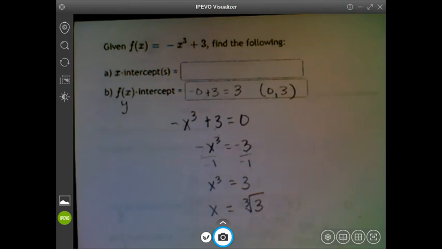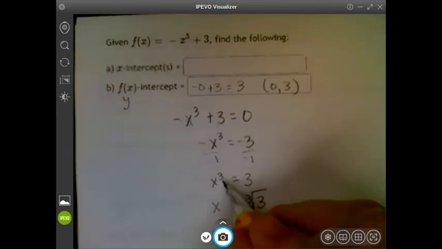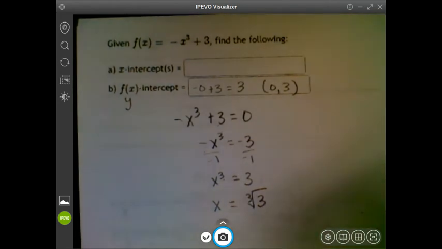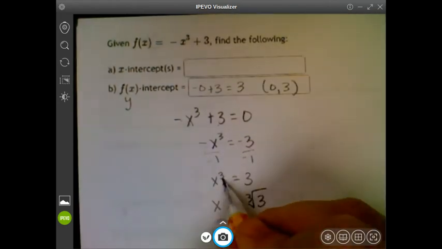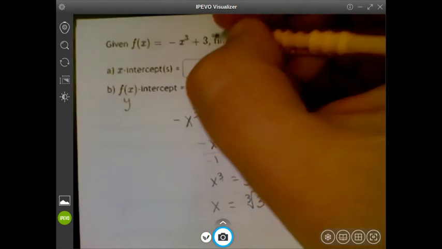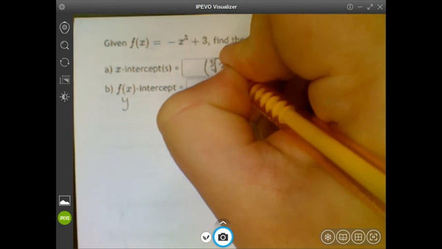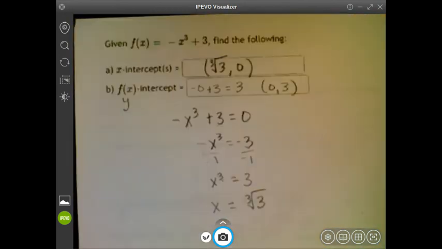And you don't have to put the decimal on there because that would just be rounding. So just leave it as the cube root of 3. Also, you don't need plus or minus because this was a cube, which was odd, and not a square root or a fourth root, not an even root. And so this actually only crosses the x-axis once. It's at the cube root of 3, 0.